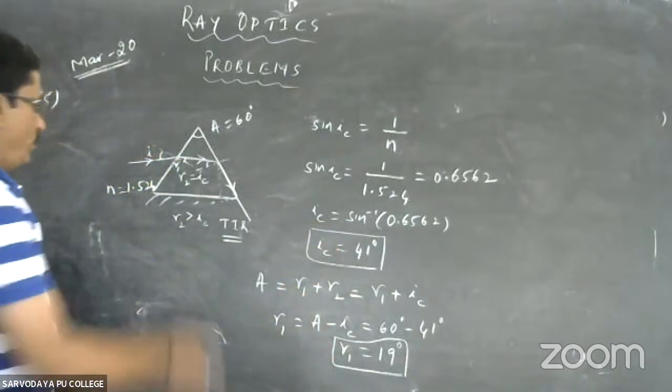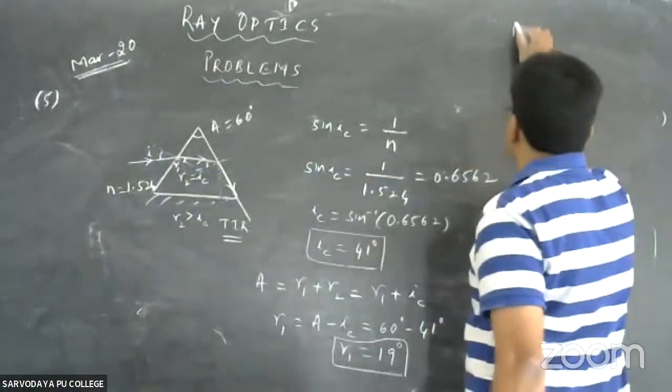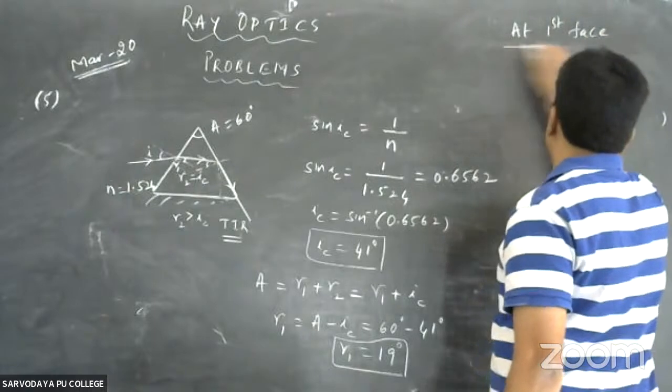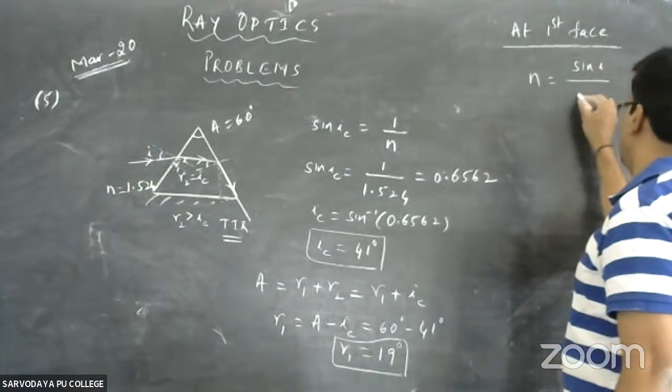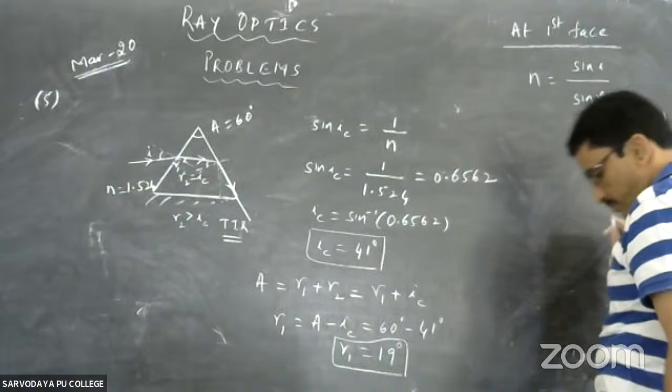At the first surface, n is equal to sin I by sin R1.